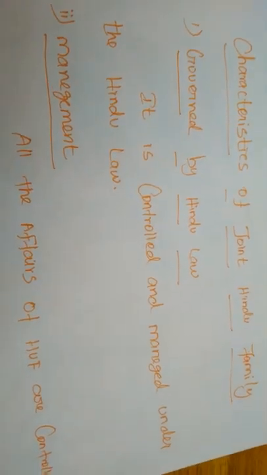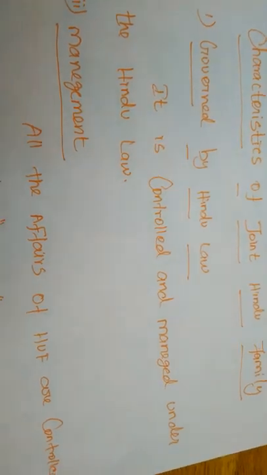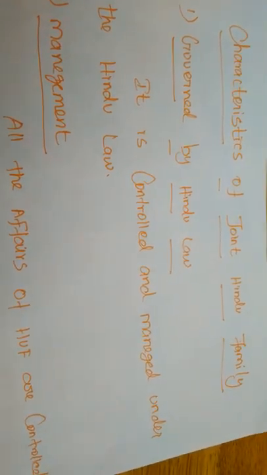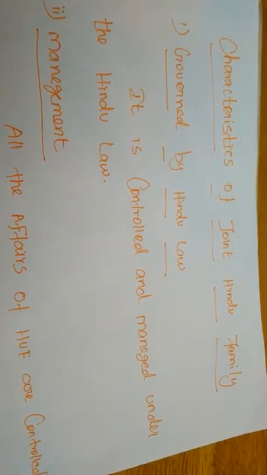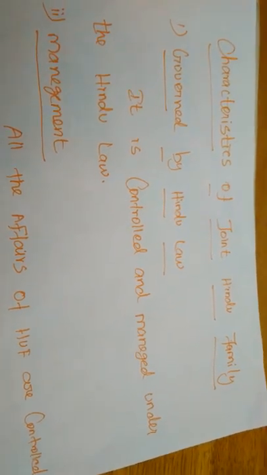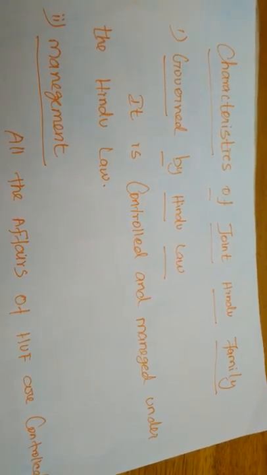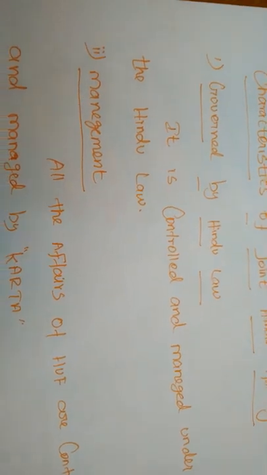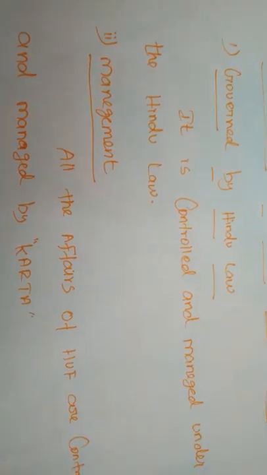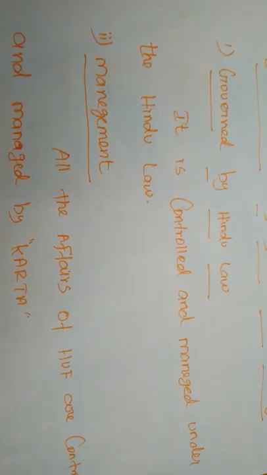Hindu law is also one of the laws in the business law. Hindu law has a separate place in this business law, because the Hindu undivided family organization has been undertaken since traditional times.